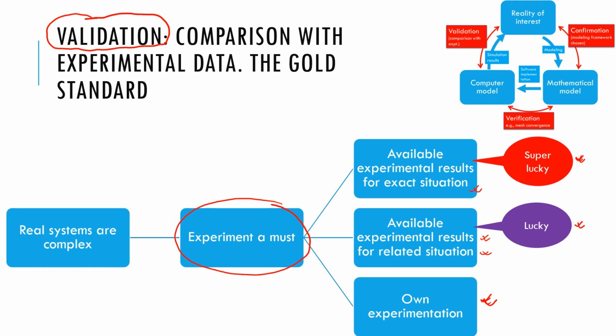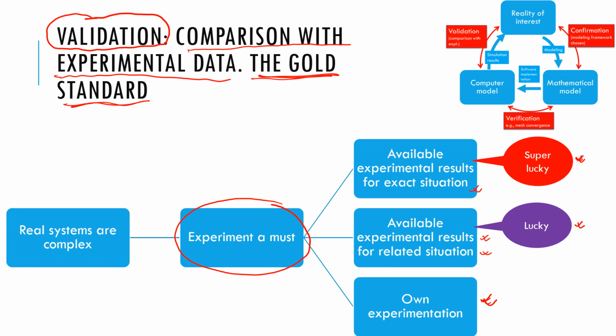So the validation data does not have to be as extensive as if it were a purely experimental study. For most situations, only this comparison with experimental data will validate. And so that is the gold standard.